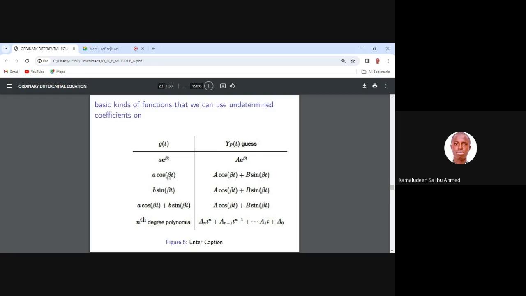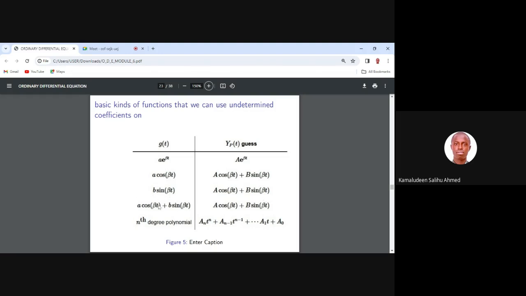Then when you have a cos bt, this is what you use: a cos bt plus b sine bt. The same thing again when you're having sine, you still use a cos bt plus b sine bt, like the one we just finished solving.